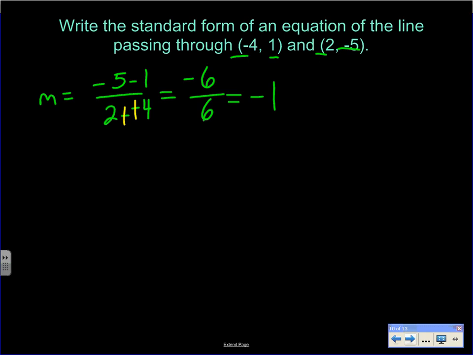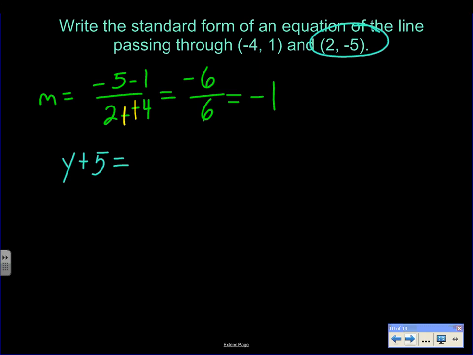So let's go ahead and put this in a point-slope form of an equation. We say y minus. Which point are you interested in using? It doesn't matter which point you use. Let's go ahead and use this one. Y minus y sub 1, which is negative 5. So y minus negative 5 is going to give us y plus 5.